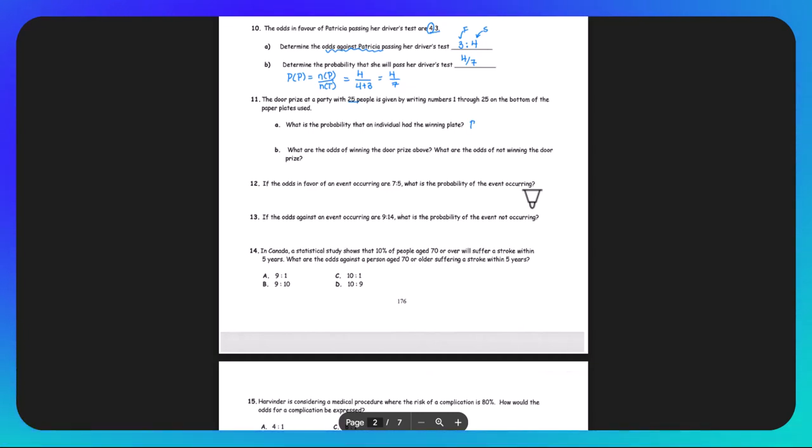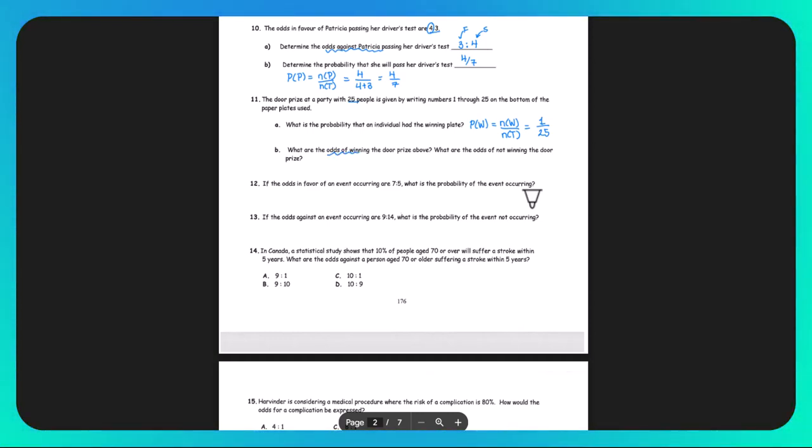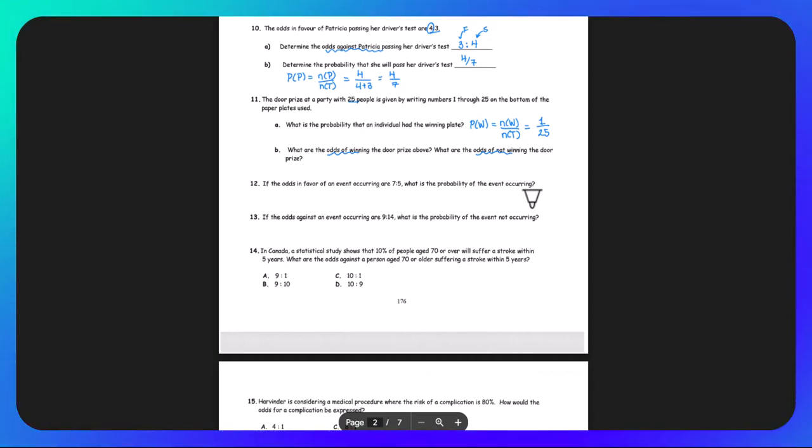Therefore, the probability of winning, which equals the number of ways you can win over the total number of outcomes, is going to be one way to win, because they're only picking one number, over the total number of numbers to choose from, which is 25. But now it's asking, what are the odds of winning the door prize above, and what are the odds of not winning? So what are the odds for a win, and what are the odds against a win?